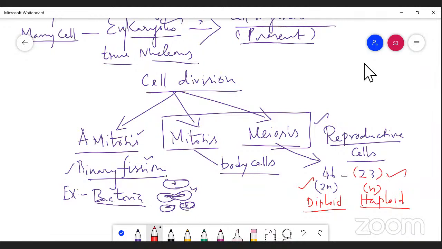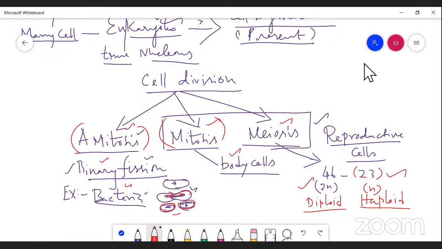Mitosis and meiosis. Binary fission takes place only in the lower group of organisms, for example bacterial cells, where one cell divides its nucleus into two equal halves. Mitosis takes place only in body cells.